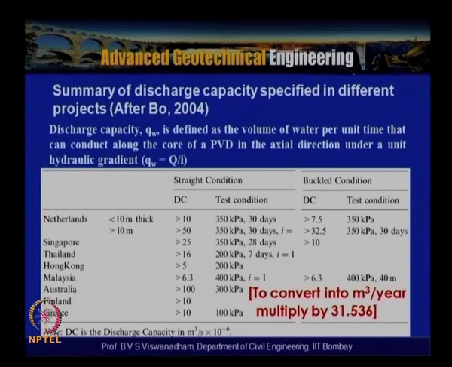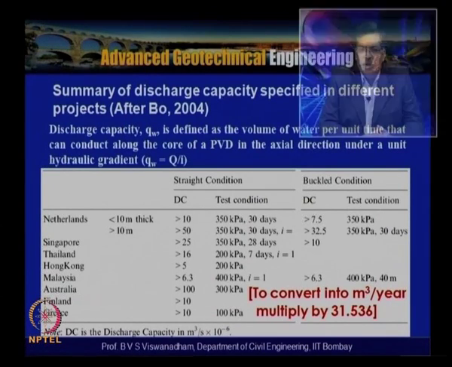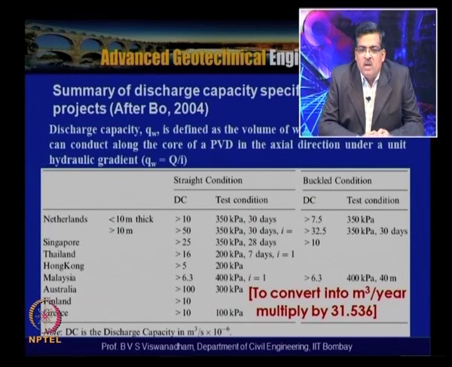Here you can see that the straight conditions and buckled conditions are prescribed, and in the Netherlands, for the length of the drain or the thickness of the clay layer less than 10 meters, in straight condition it is greater than 10, and the test condition is about 350 kilopascals and 30 days, and in case of buckled condition it is 7.5.